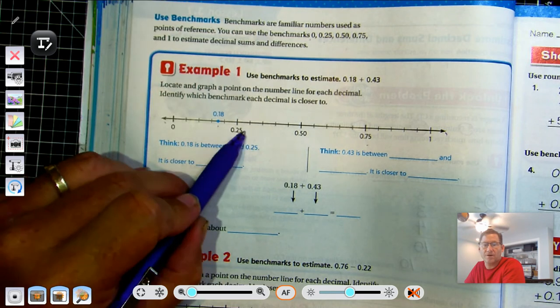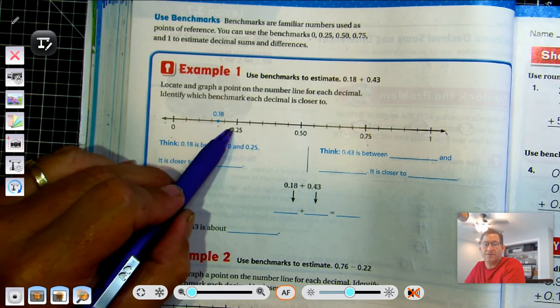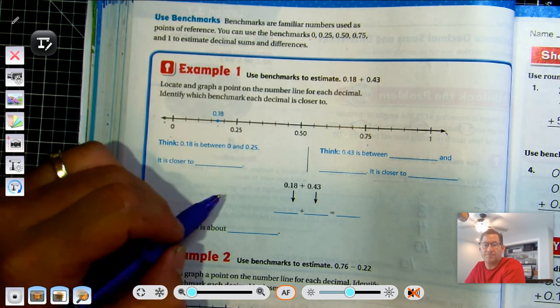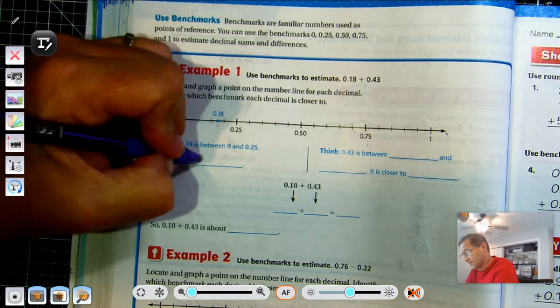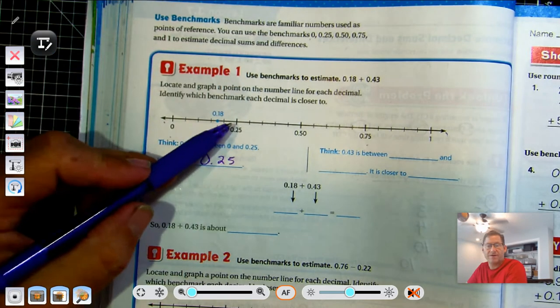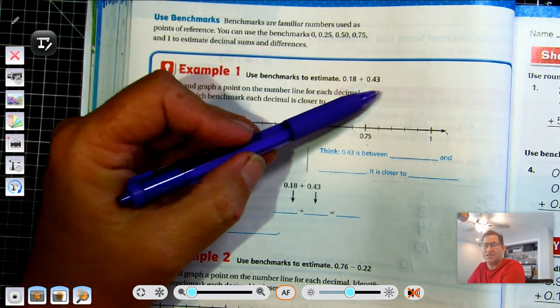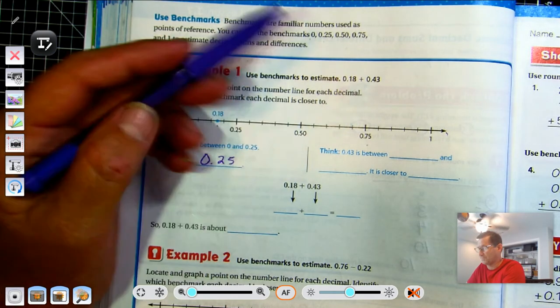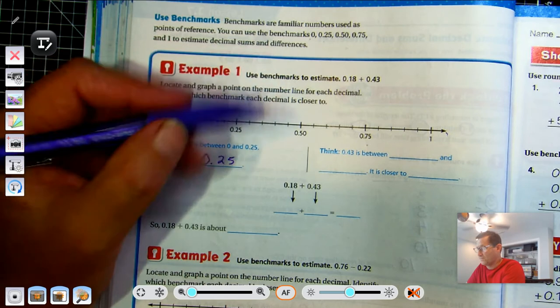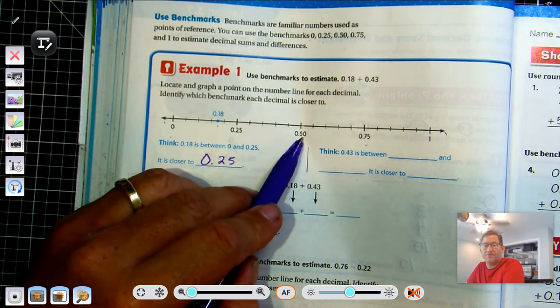Well, it's closer to 25 hundredths than it is to 0, right? So we would use the 25 hundredths benchmark. So it's between 0 and 25 hundredths, but closer to 25 hundredths. The second digit, 43 hundredths. Well, where's 43 hundredths? 43 hundredths is before 50 hundredths.